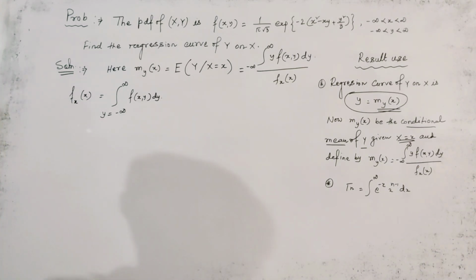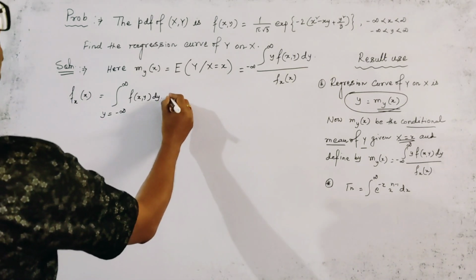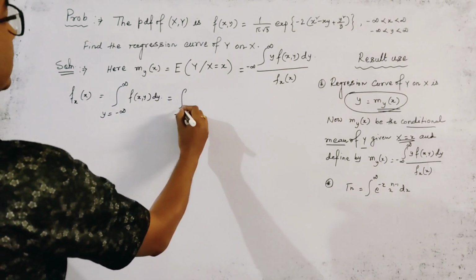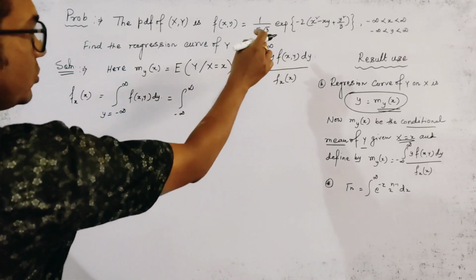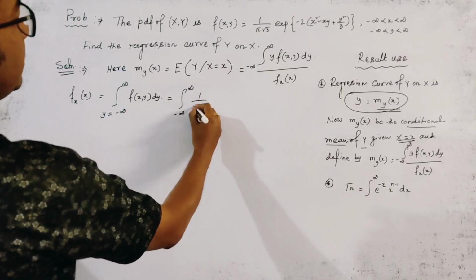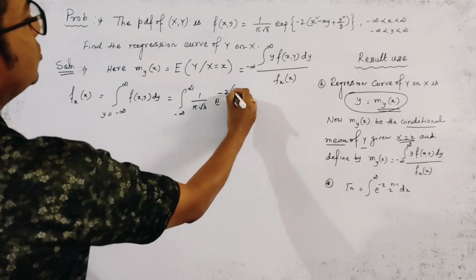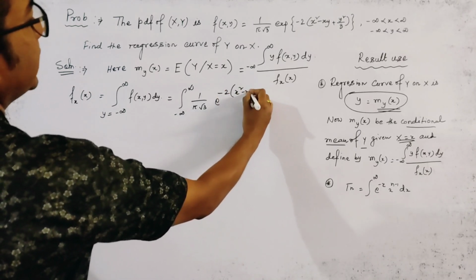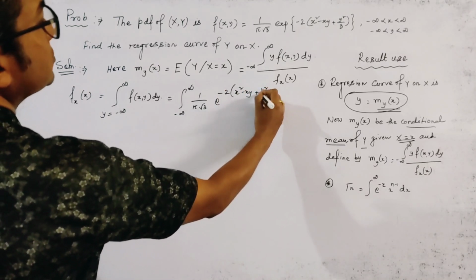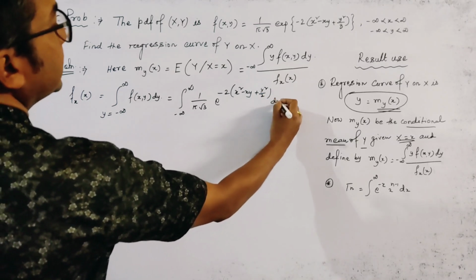Okay, now here we put the value of f(x,y), which is given by 1 by pi root 3 into e to the power minus 2 into (x square minus xy plus y square) by 3, and here is dy.